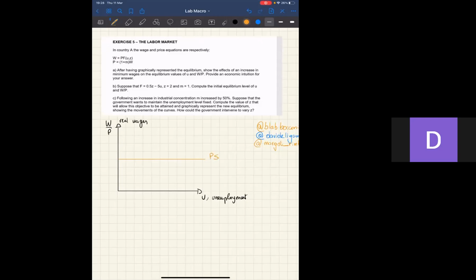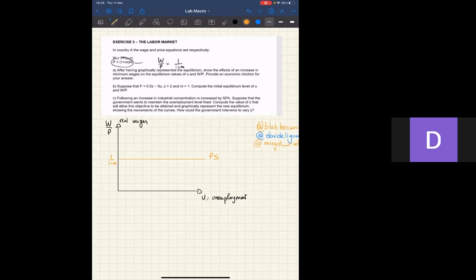The price setting is going to be equal to 1 plus, well, if we want to, we can write this one a little bit better. So W over P equals 1 plus M, but we'll do that a little bit better in just a few seconds. So this one is going to be 1 over 1 plus M.